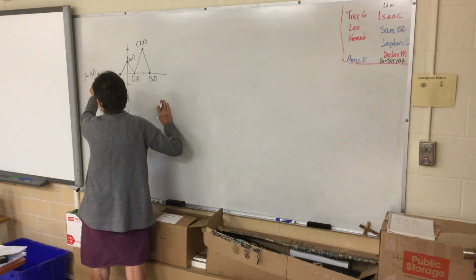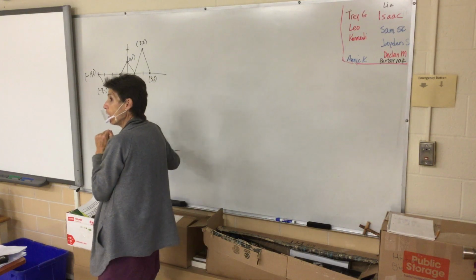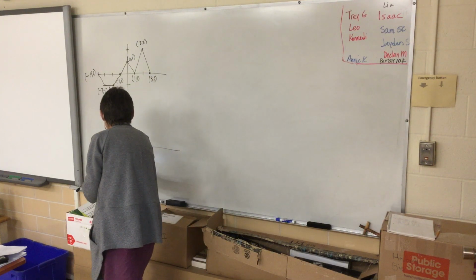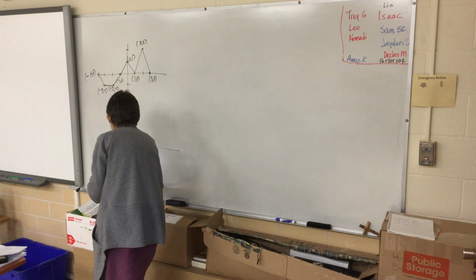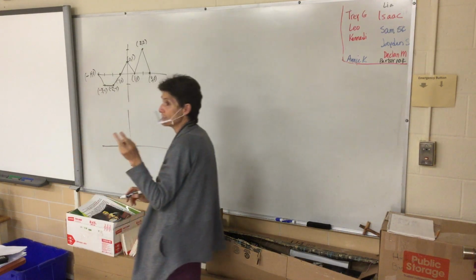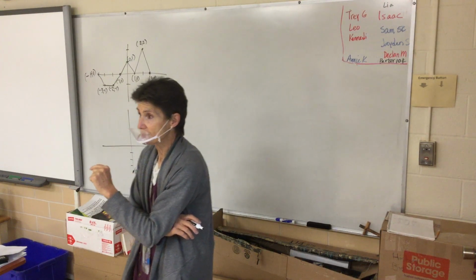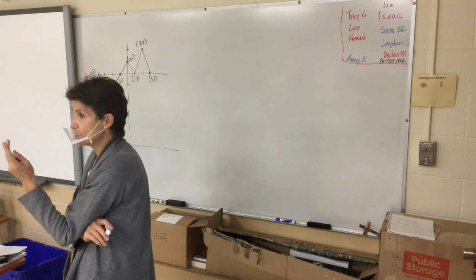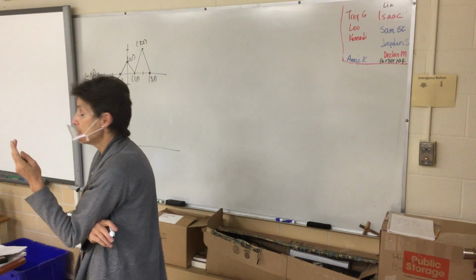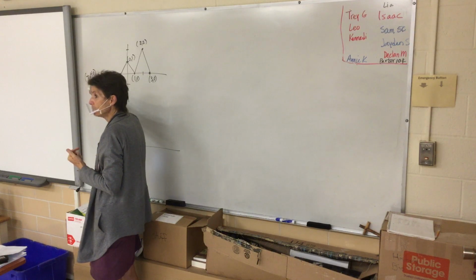And originally, it's -4, 0. So on my inverse, I'm going to plot 0, -4. X and Y switch. Whenever you're dealing with inverses, everything switches, X and Y. So this is the point, -4, 0.